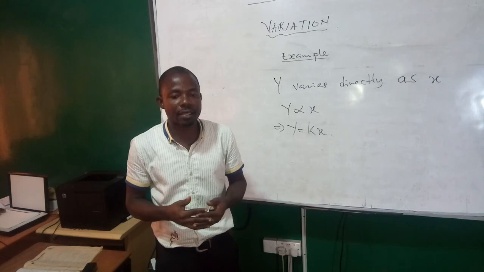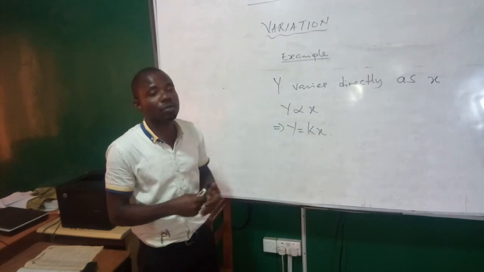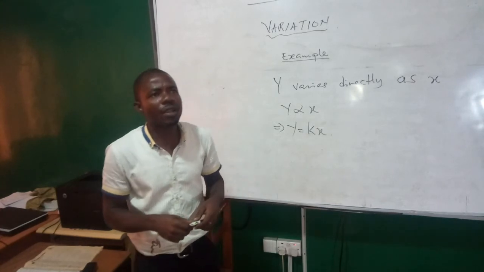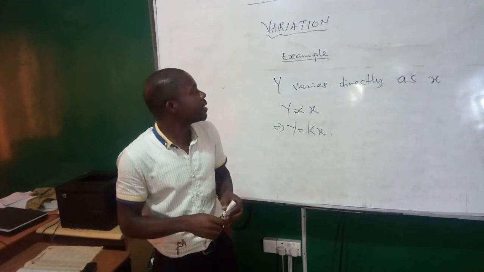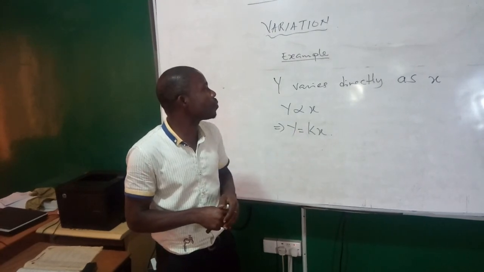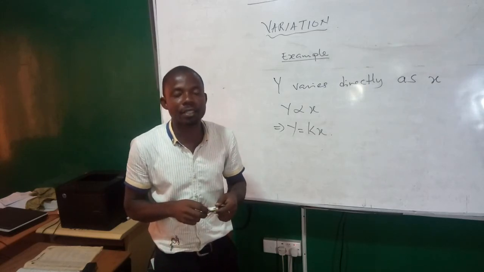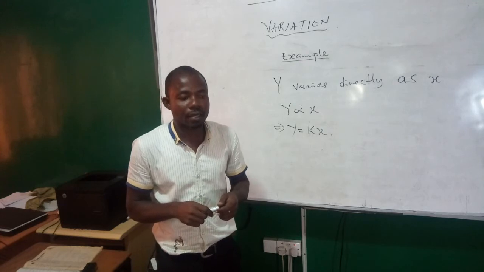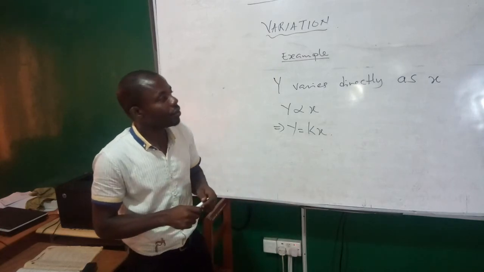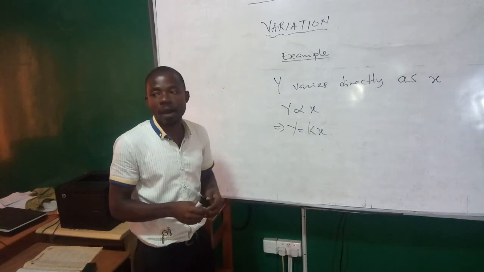That is direct variation. We also gave examples on the direct. Then we looked at how to write direct variation questions mathematically and symbolically as well. We also looked at the constant of variation or the constant of proportionality. And we looked at how to introduce the k in our statement.